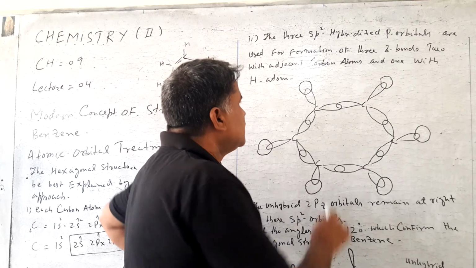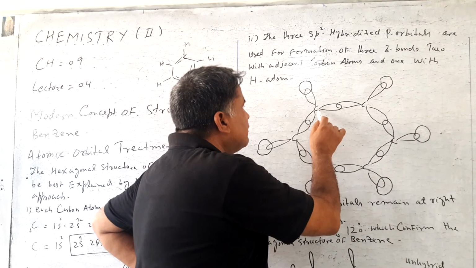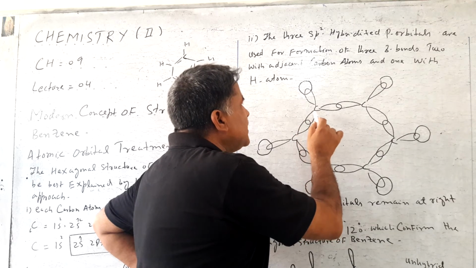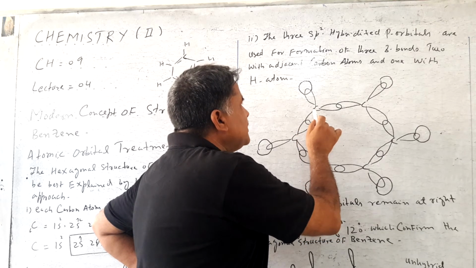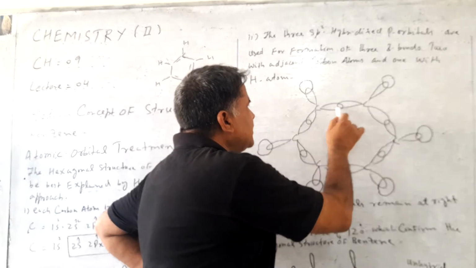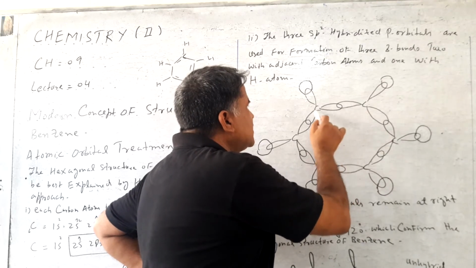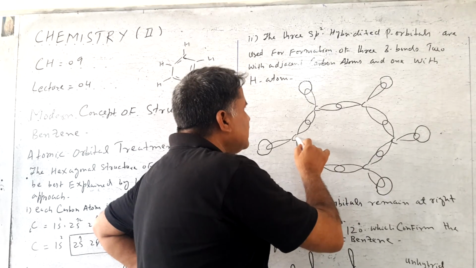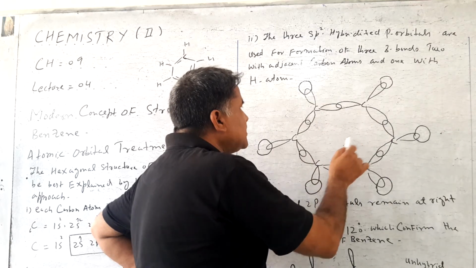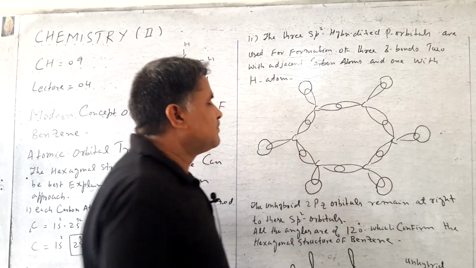In benzene, each carbon atom forms 3 sigma bonds by using hybrid orbitals. This sigma bond is with this carbon, this sigma bond with this carbon, and this sigma bond with a hydrogen atom. It is called the sigma network of benzene.